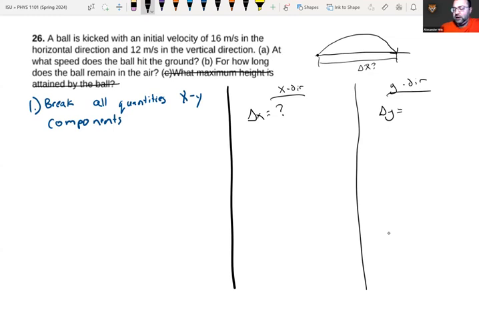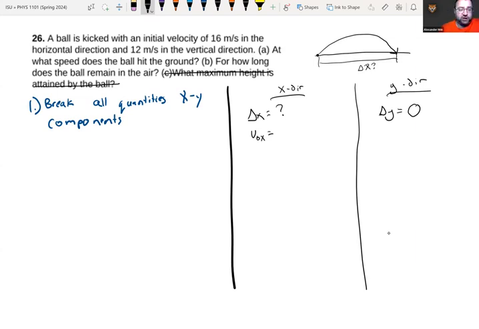So the change in height of this thing, it went up and then it came back down. Now it's horizontally displaced, but basically it's the same thing as a ball that got thrown upward and then came back down. Its change in y, delta y, is 0. So that is something worth knowing. Now, we can have v naught x. This one breaks into components from the get-go, so it's a little easier for us.